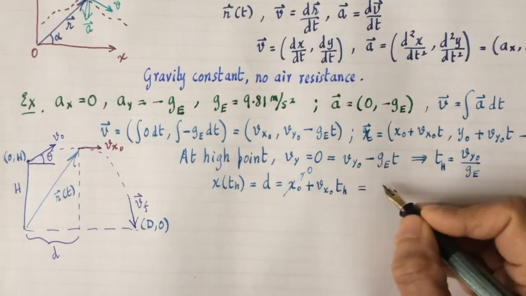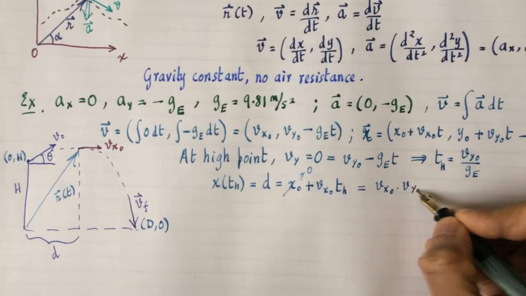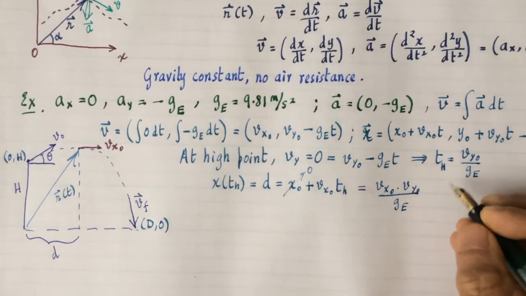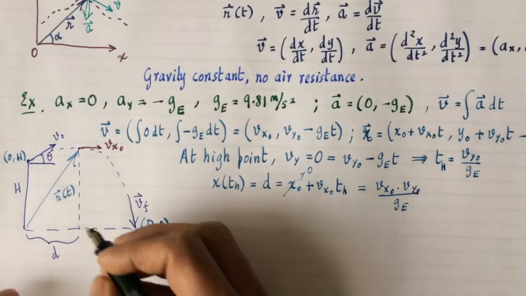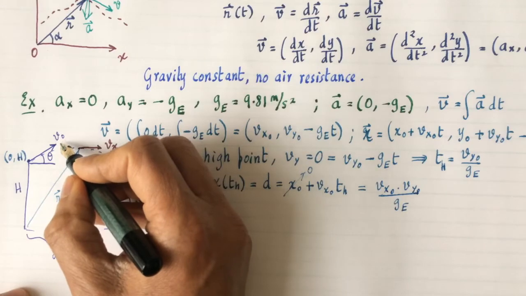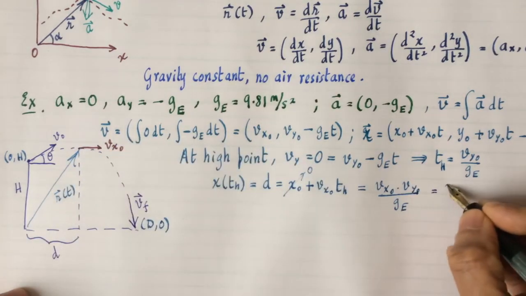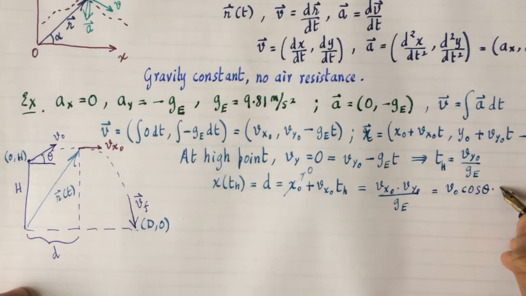Well, this gives us vx naught times vy naught divided by g sub e. So that's my answer. Well, before we box this answer, let's try to figure out what vx naught and vy naught is. V naught is there, so vx naught is going to be v naught cosine theta. Vy naught is going to be v naught sine theta.